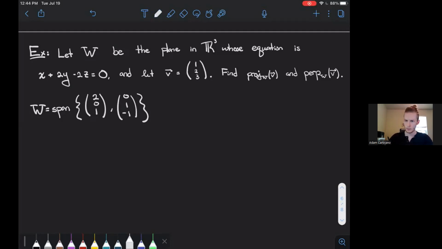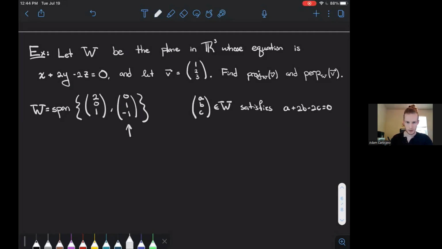Okay, but for now, what do we need? I want a vector orthogonal to this one, which is also inside of W. I feel like that's going to be easier because of the ones and negative ones. If you're inside of W, a vector a, b, c satisfies a plus 2b minus 2c equals 0, of course.